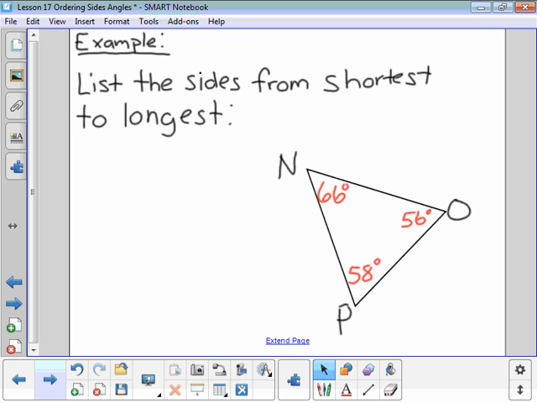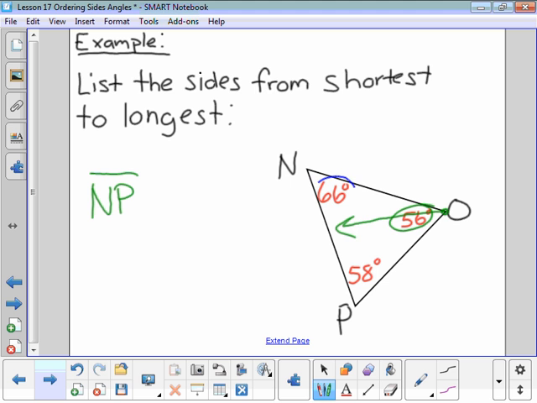So I want you to pause here, and I want you to list these sides from shortest to longest. So since we're listing from shortest to longest, I'll find the smallest angle, that's angle O. Across from it is side NP, that's my shortest side.